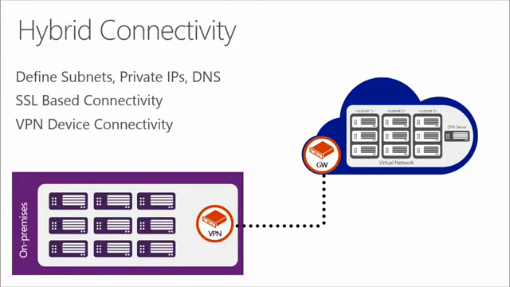Or even better, you can just use your VPN device in your office to create a site-to-site VPN connection between the Azure data center and your on-premises environment, your office.